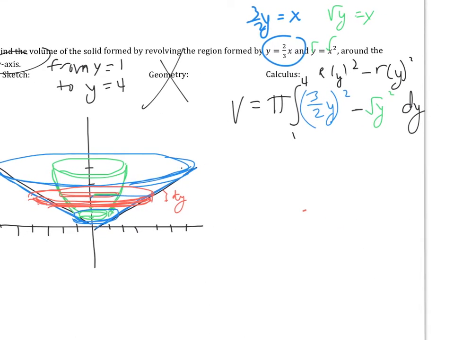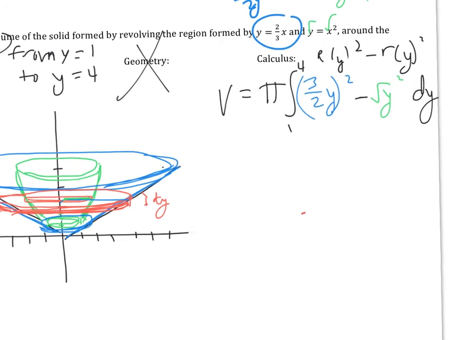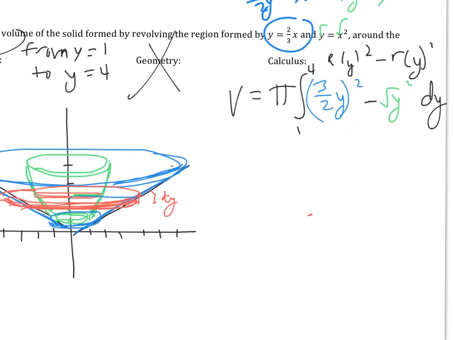It looks like we're ready to go ahead and integrate this. So integrating, I've already got the pi pulled out front. Pi times, let's simplify this: 3/2 squared is 9/4 y squared, and radical y squared is y, dy.